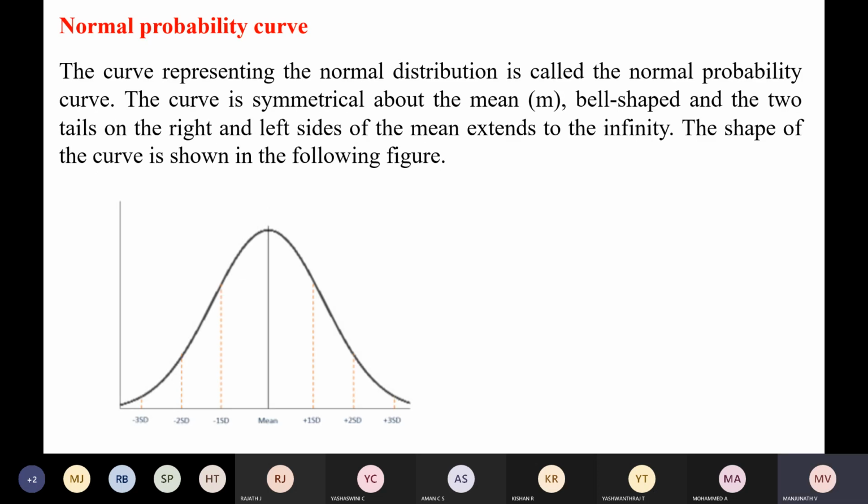Please write down this curve. Normal distribution curve.